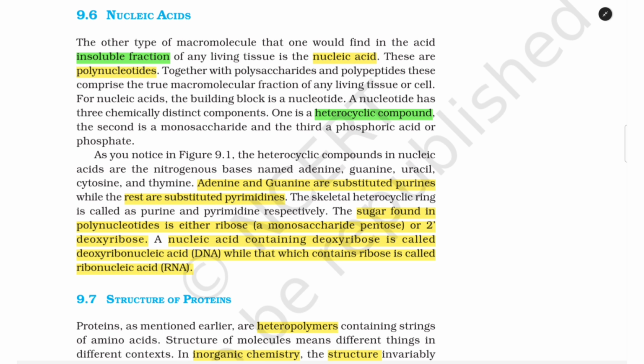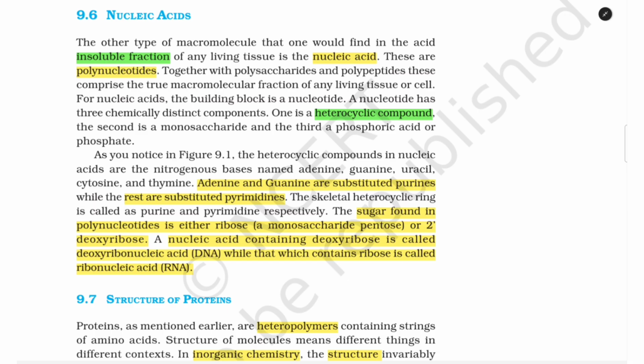As you notice in figure 9.1, the heterocyclic compounds in nucleic acids are the nitrogenous bases named adenine, guanine, uracil, cytosine, and thymine. Adenine and guanine are substituted purines while the rest are substituted pyrimidines. The skeletal heterocyclic ring is called purine and pyrimidine respectively.